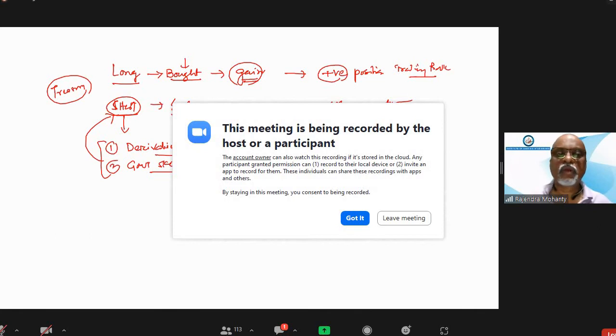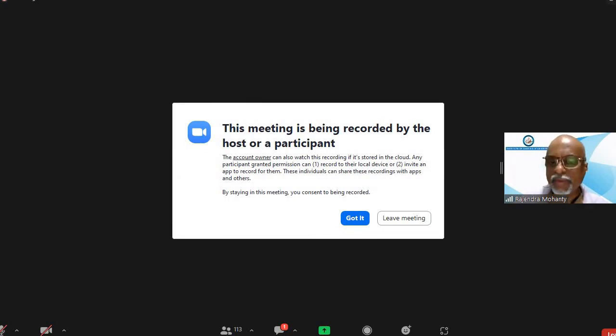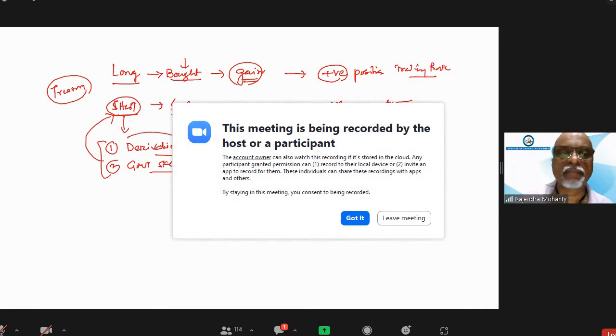Okay. So at the end of the day, we are netting the long and short positions. Long and short positions have to be netted to find out the net position. Whenever there is a position in a derivative or government security, only then this short position will happen.